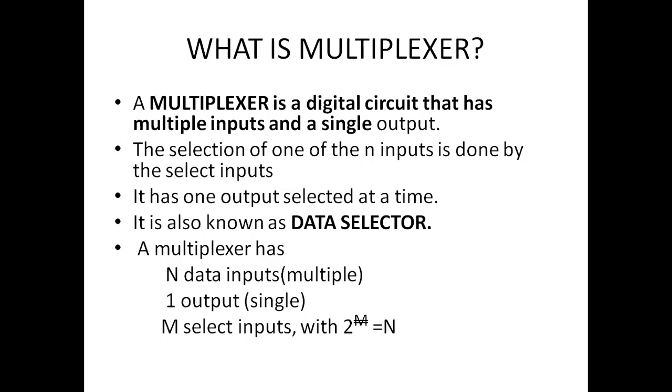For example, if m is 2, then 2 to the power 2 is 4. So the total inputs n will be 4, but the select inputs will be 2. Like this we can find out the select inputs and the total inputs.